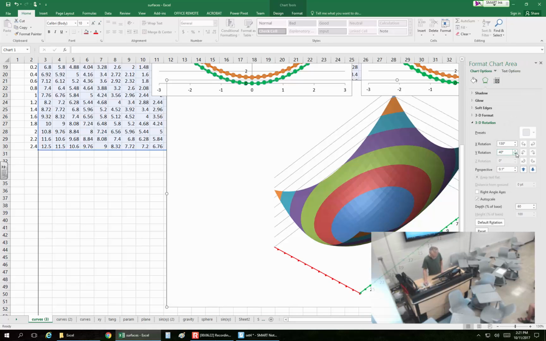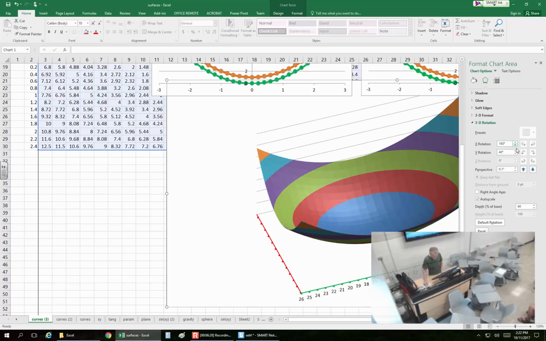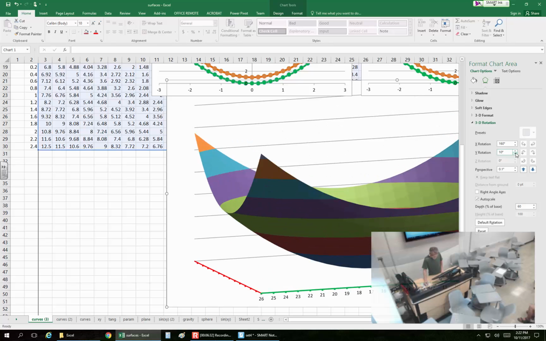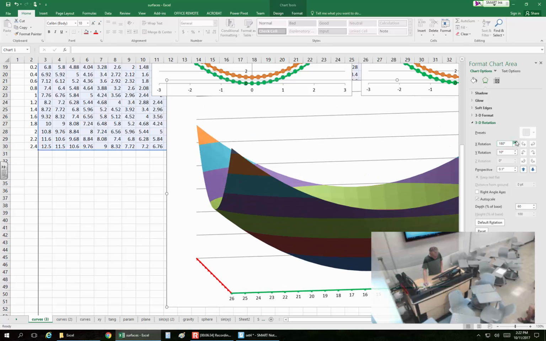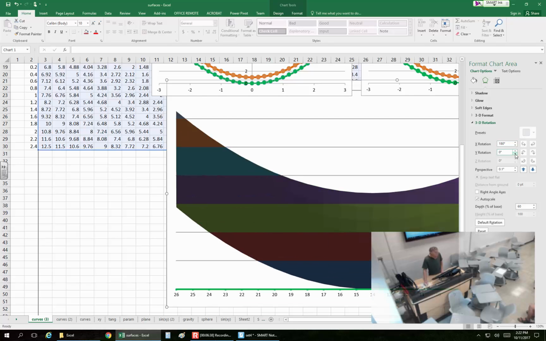Okay, so if I rotate it, so no guesses. Okay, you seeing it? A little bit dark, but this is the red that I was talking about. So what's the meaning of the red band?